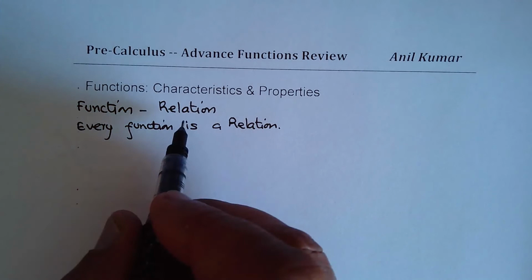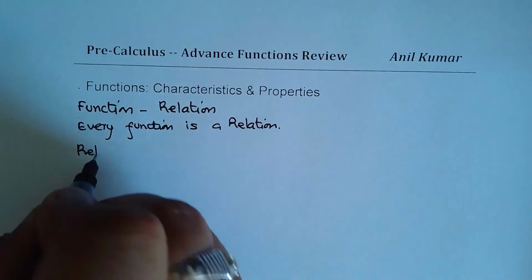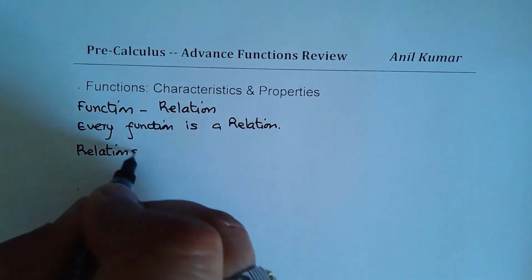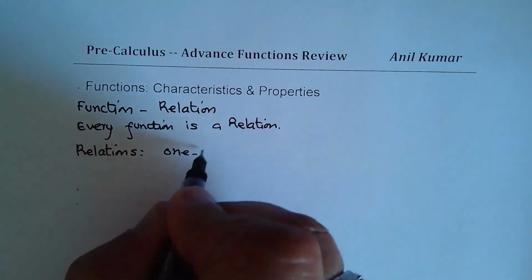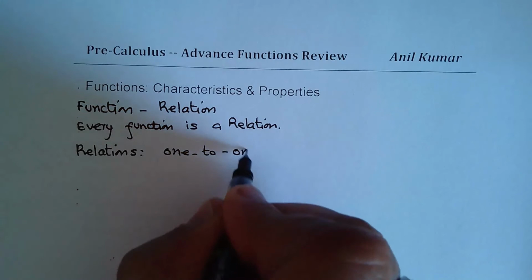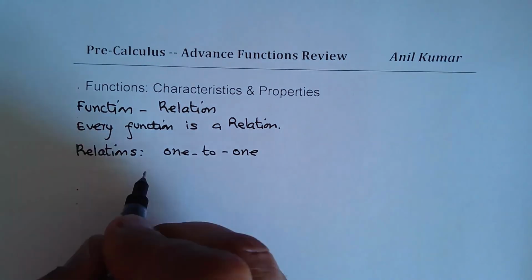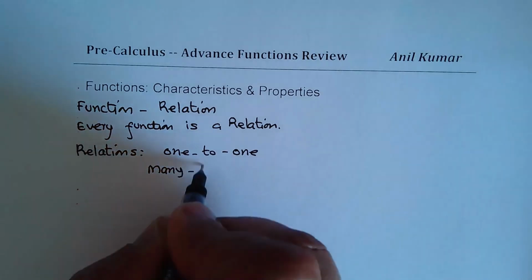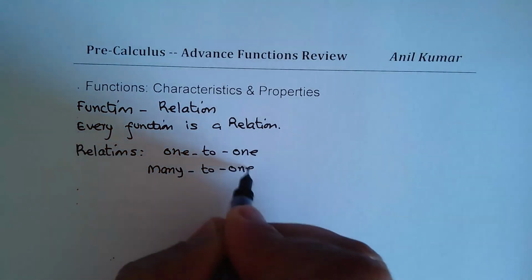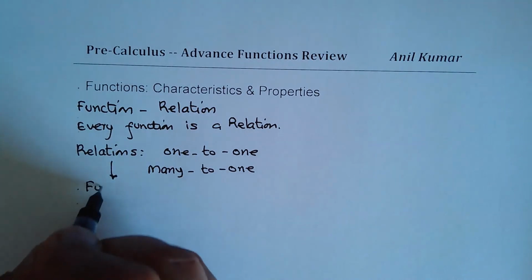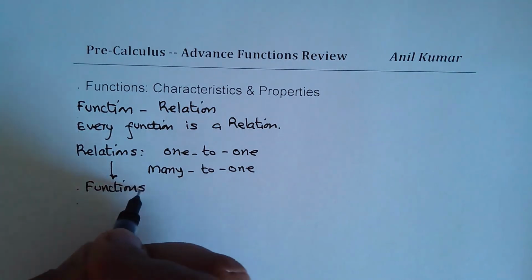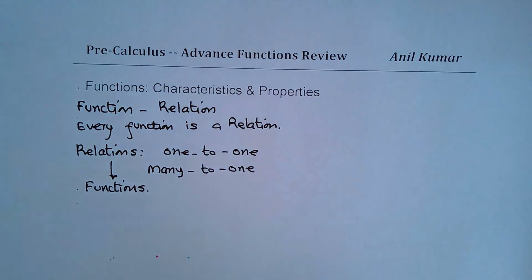So the relations which are one to one, or they are many to one, these are functions. So these relations are functions. Whenever we talk about relations, we are linking two things, correct?